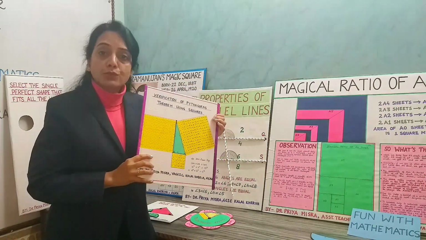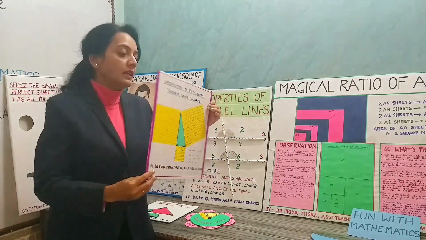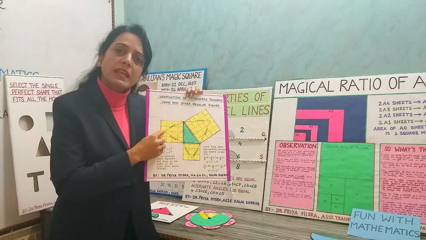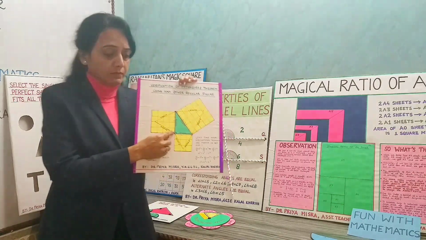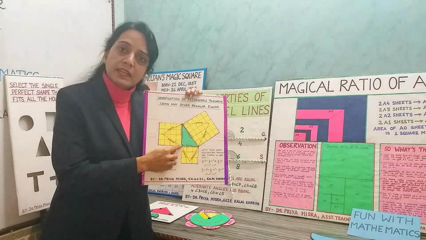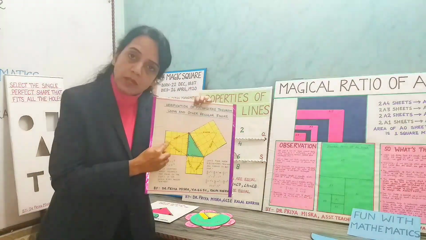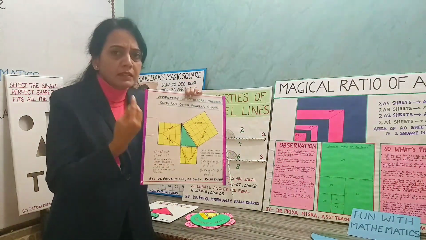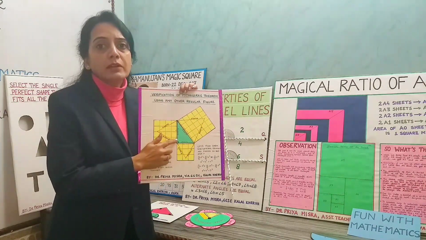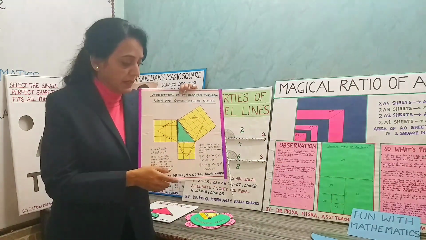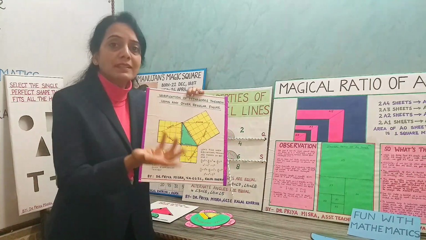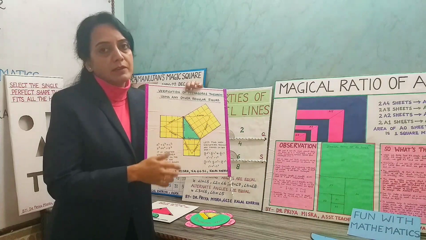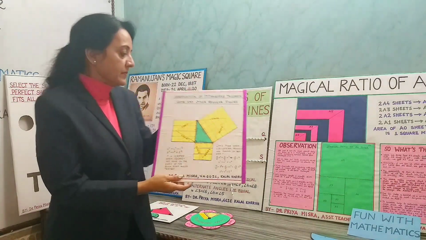But for students of class 9th and 10th, we should tell them that if we make any regular figure on the sides of a right angle triangle, that is, an equilateral triangle or a regular pentagon or a regular hexagon, then also the Pythagoras theorem can be verified, and we can give them an exercise to verify this theorem using other regular figures.